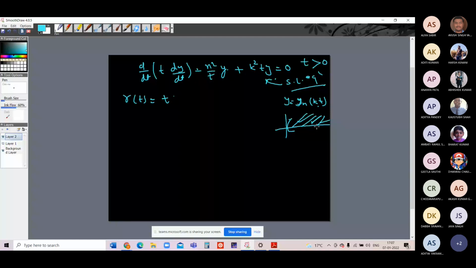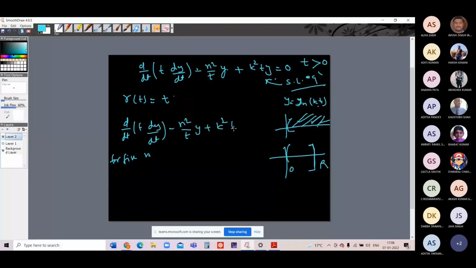If we restrict this domain to a bounded, that is finite, interval, say from 0 to R, so we are considering a finite interval 0 to R. What will the equation be for the finite interval? The modified Bessel differential equation: d by dt of t dy by dt, here this n is fixed, for fixed n, minus n square by t y plus k square t y is 0.